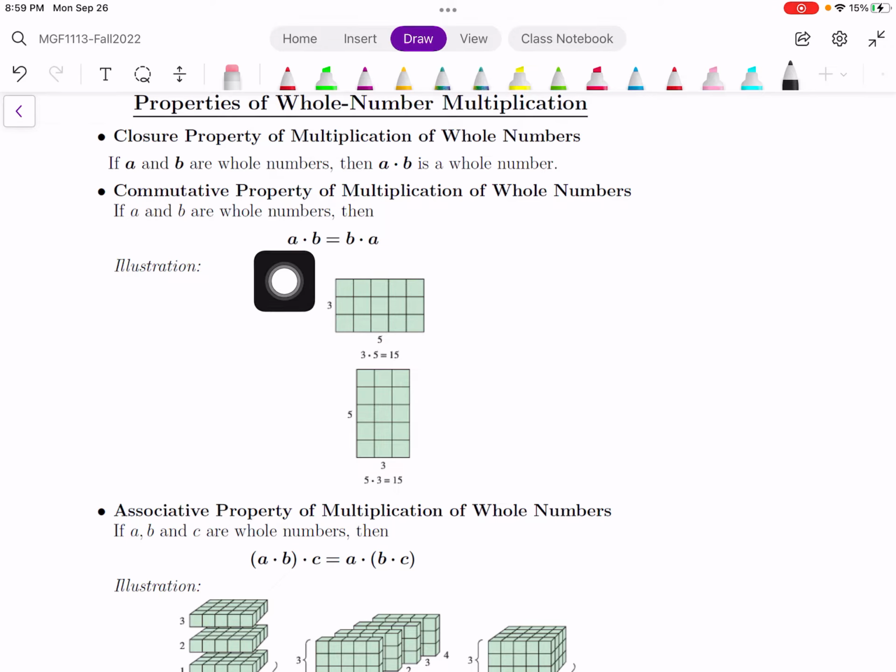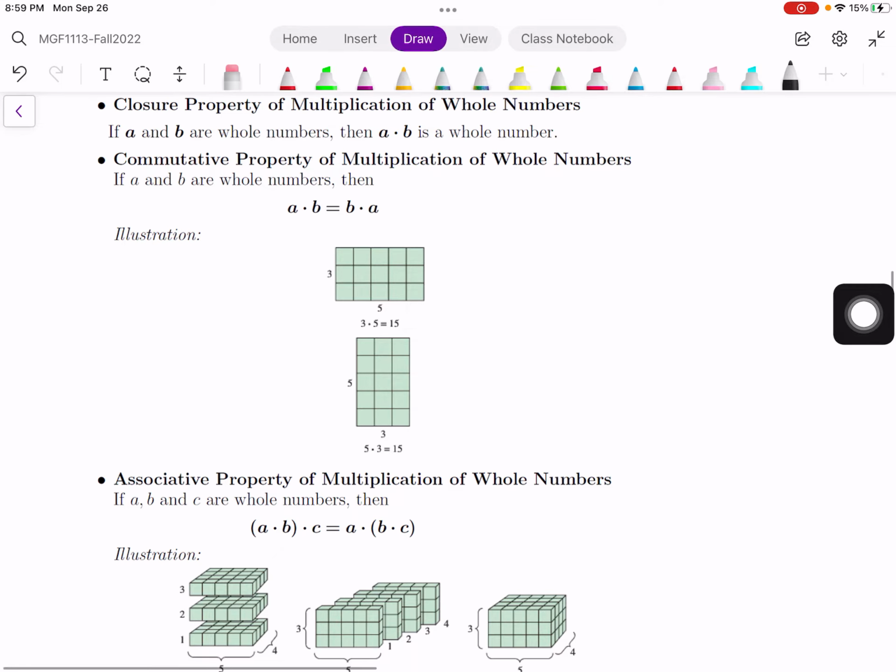Now, the commutative property, I mentioned that earlier, the order really doesn't matter. The same property we had for addition, right? A plus B was the same as B plus A. Same for multiplication. Let's show this using the area model.